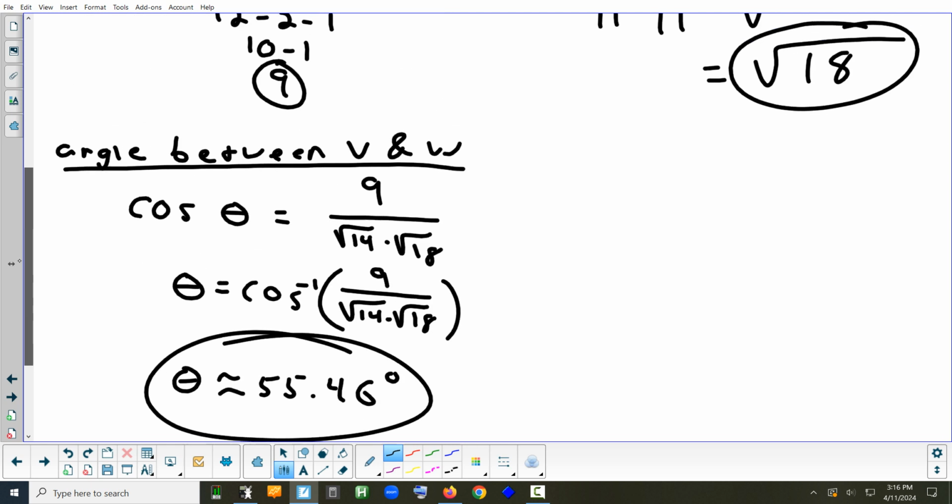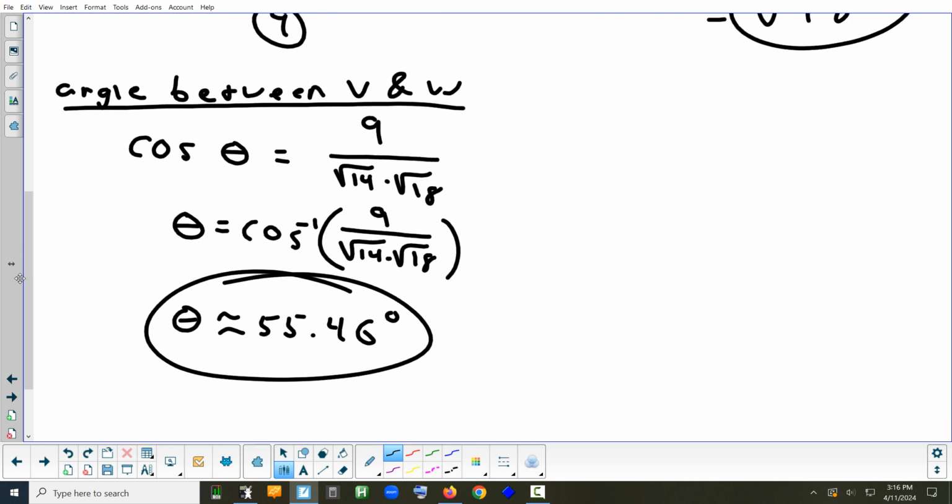So that's the angle. Now, with that angle, does that mean these vectors are parallel, perpendicular, or neither? Neither. If they were perpendicular, what would that angle have come out to? Something divisible by 45, right? No, it would be an exact number.